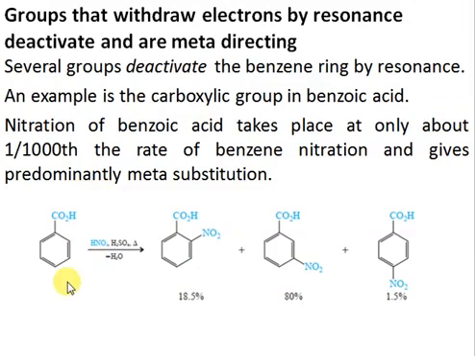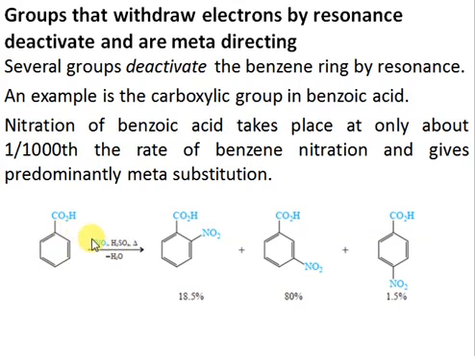Here we have benzoic acid, and under these conditions we have to heat the reaction. If we don't heat, the reaction will not occur because this group is deactivating the benzene ring. It's not allowing the benzene to react. So if you want to react a benzene ring with electron withdrawing groups, then you have to heat the reaction.